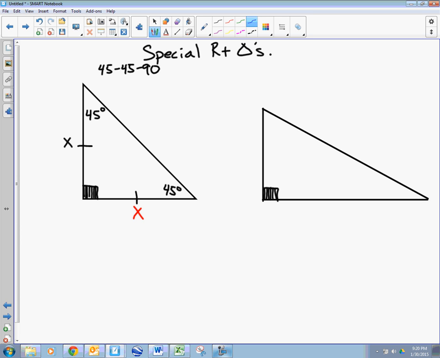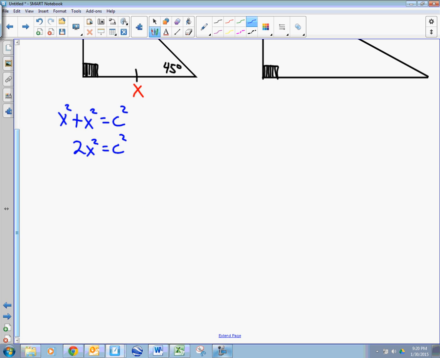And if you do the Pythagorean theorem to come up with c, x squared plus x squared is equal to c squared. We get 2x squared is equal to c squared. And if you square root both sides, you get square root of 2x squared is equal to c.